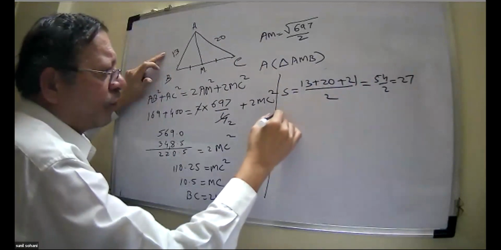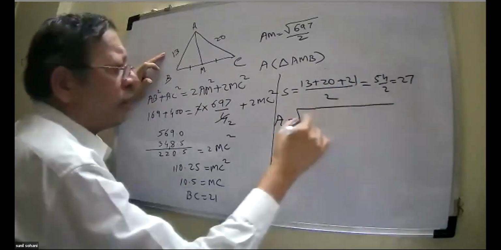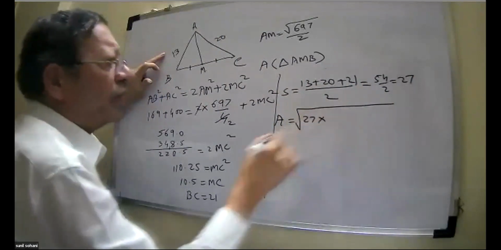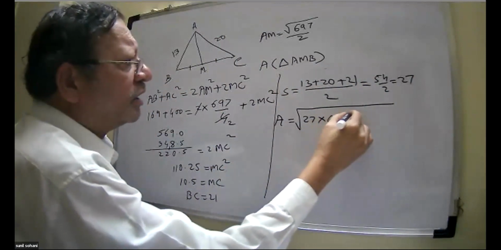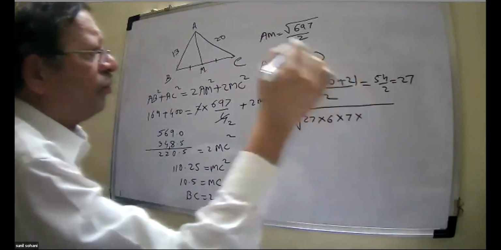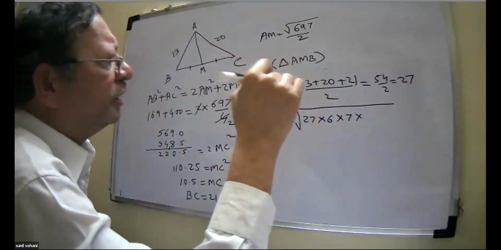So as per Heron's formula, the whole area of the triangle will be root of 27 times (27 minus 21), which is 6, times (27 minus 20), which is 7, times (27 minus 13), which is 14.